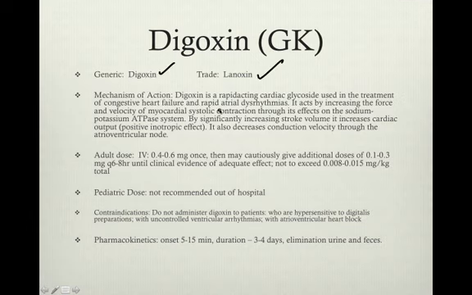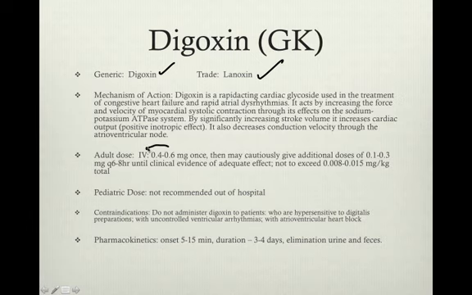Mechanism of action: digoxin is a rapid-acting cardiac glycoside used in the treatment of congestive heart failure and rapid atrial dysrhythmias. It acts by increasing the force and velocity of myocardial systolic contraction through its effects on the sodium-potassium ATP pump. By significantly increasing stroke volume, it increases cardiac output, a positive inotropic effect. It also decreases conduction velocity through the AV node.